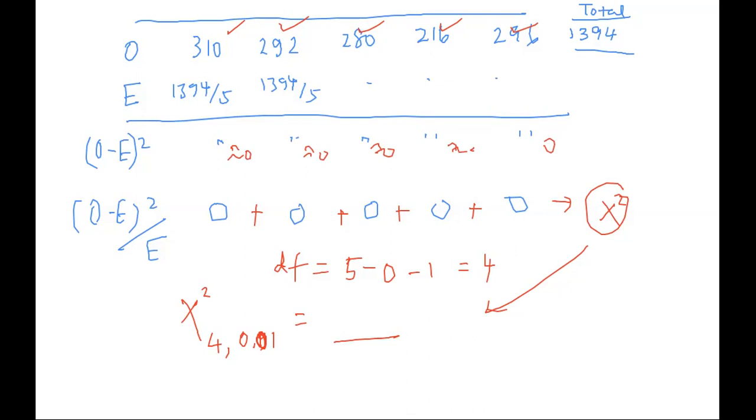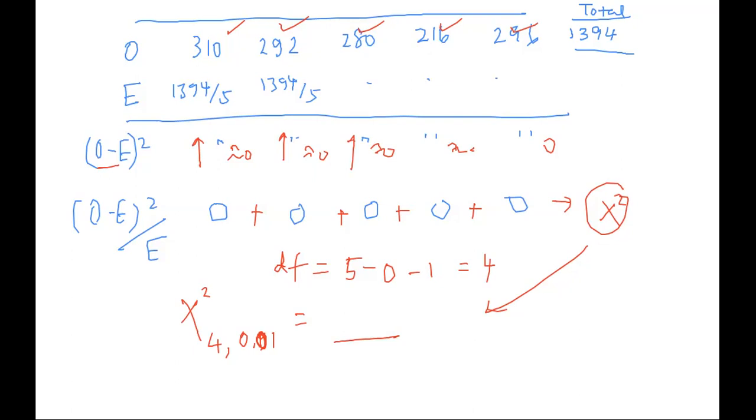On the other hand, if what you see is very different from what you expect, then the difference after you square will be large, and your chi-square statistic will become large. So how do you determine whether it's sufficiently large or not? Therefore, you need a cutoff, and that cutoff is obtained from the critical value.